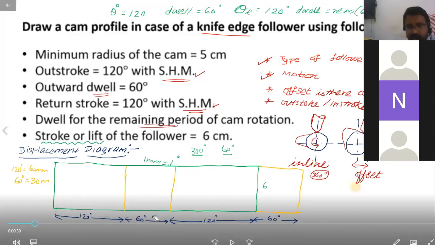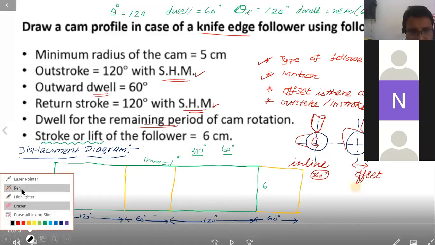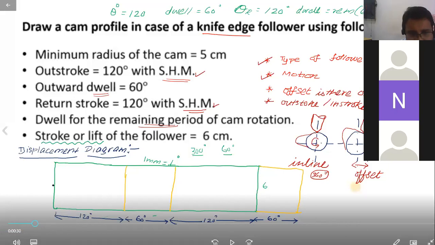So that is what we have achieved. Now I'm going to draw a simple harmonic motion. What you have to do is take your compass and draw a semicircle. You know what is the center of this? 3 centimeter. Yeah, it is 6, so it is 3 centimeters center.